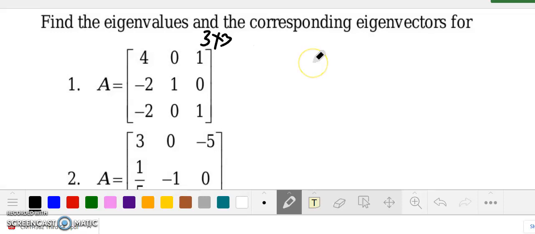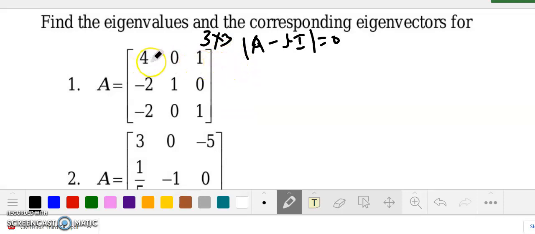So using the equation for computing eigenvalues and the corresponding eigenvectors, we know that the determinant of A minus lambda I will be equal to 0. In case you don't know how we get this, you can refer to my previous video where we did 2 by 2 matrices and computed their eigenvalues and corresponding eigenvectors.